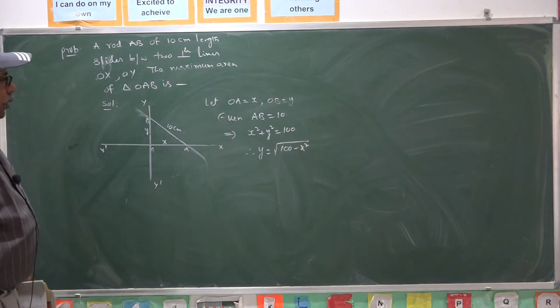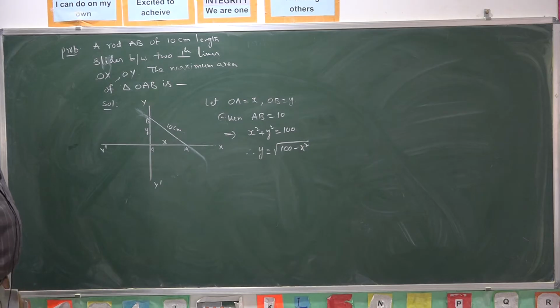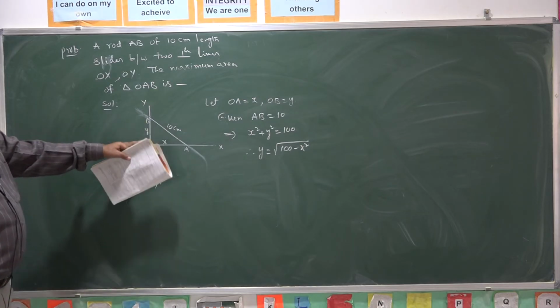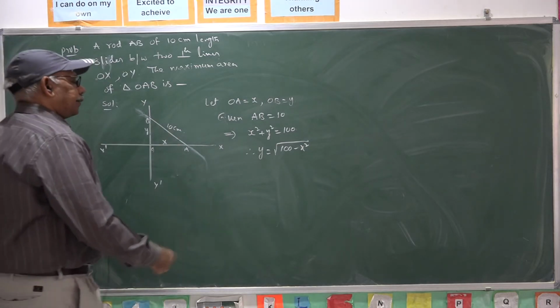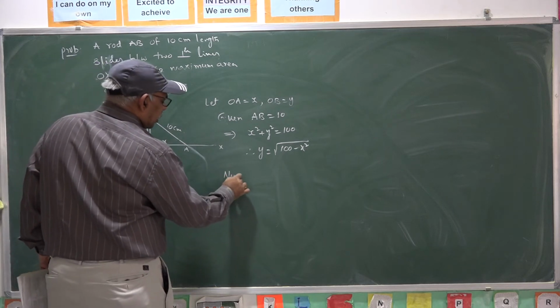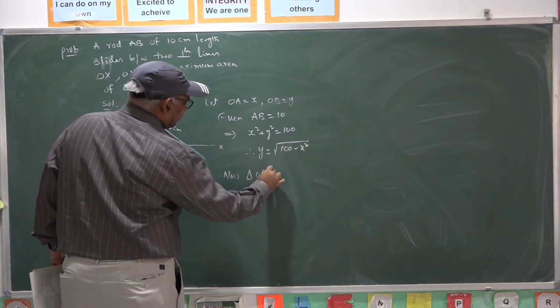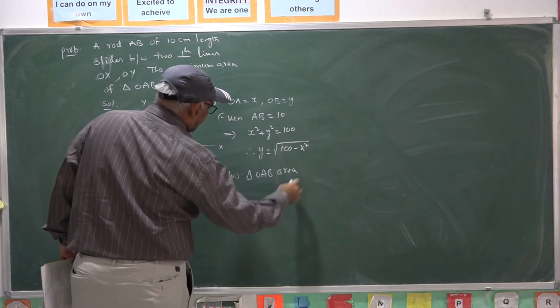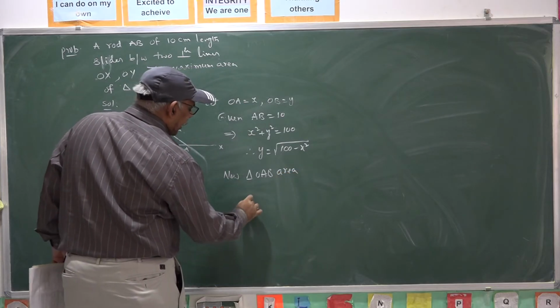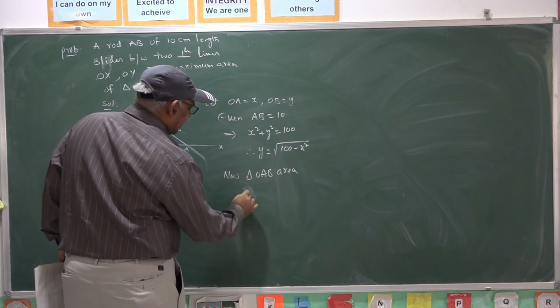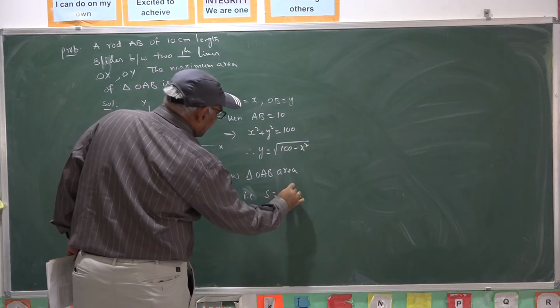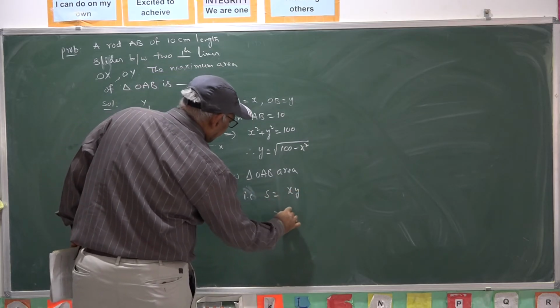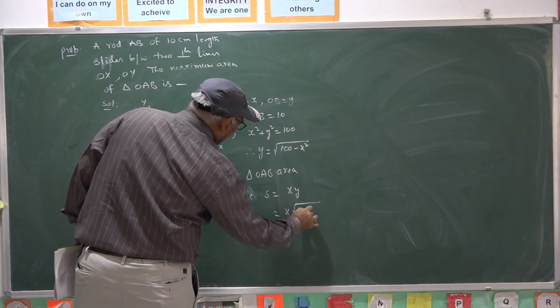Now, you have to maximize the triangle OAB area. The triangle OAB area S is x into y, that is x into square root of 100 minus x square.